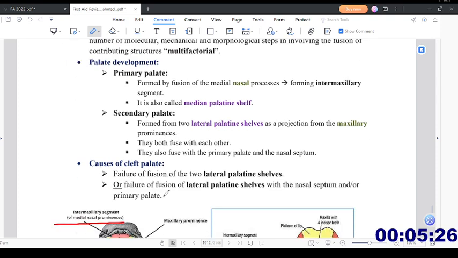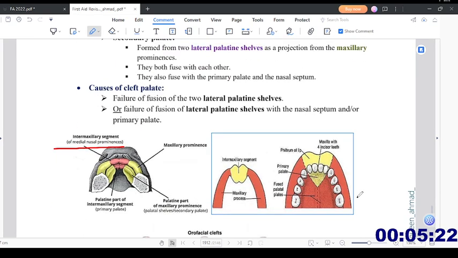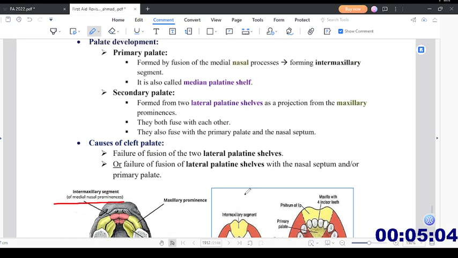Okay, so the lateral palatine shelves, which are these ones, fuse, the palatal plates and the palatine part of the intermaxillary segment, the palatine part of the maxillary prominence. Where is the intermaxillary segment, right? So where are the lateral ones? These are the maxillary processes. So what did they say?